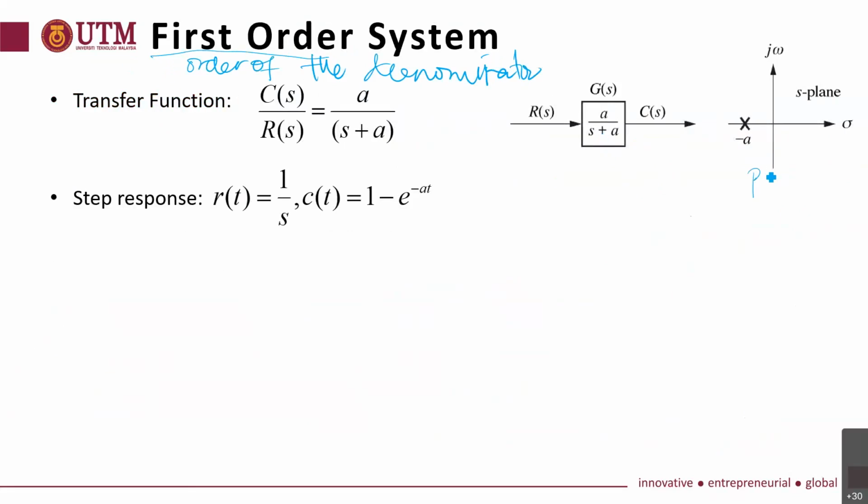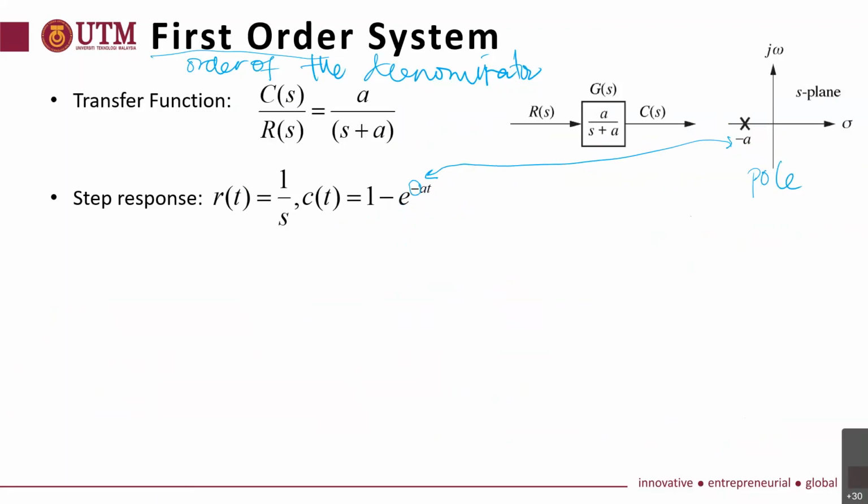This is the pole at negative a. Then the step response is always 1 minus e to the power of negative at. And this negative comes because of the negative pole.